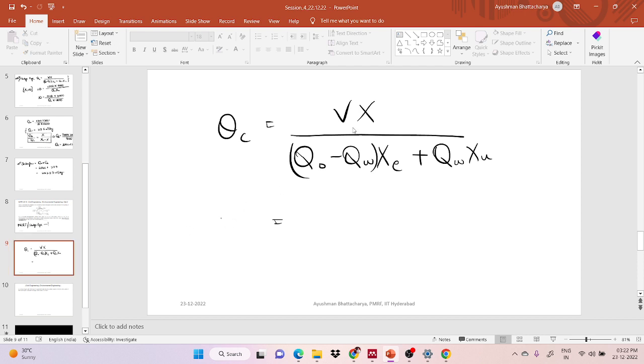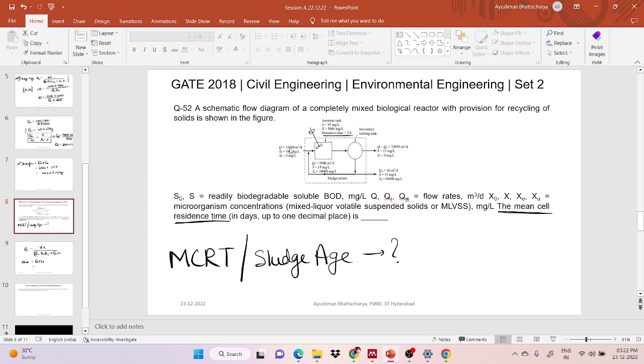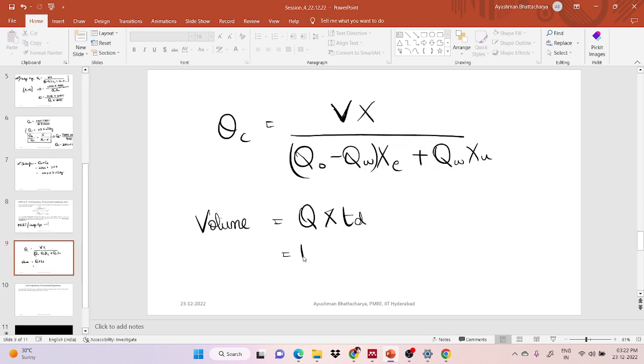Because we have to calculate the volume here, volume is equal to Q into TD. So Q is how much here? 15,000 and TD is 2 hours.